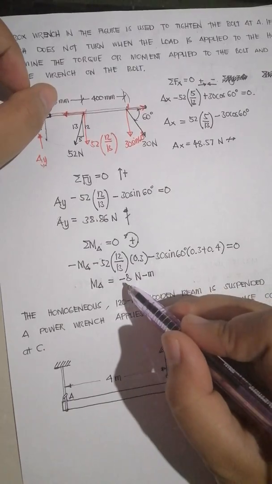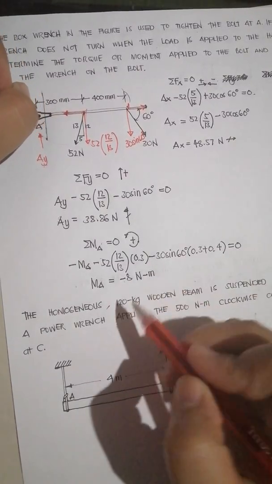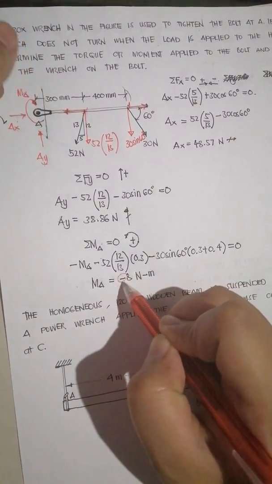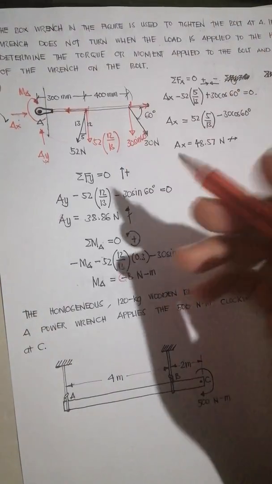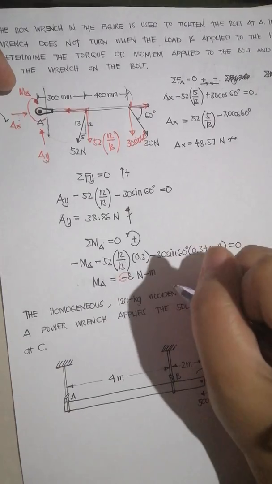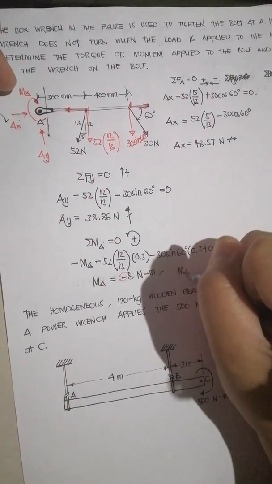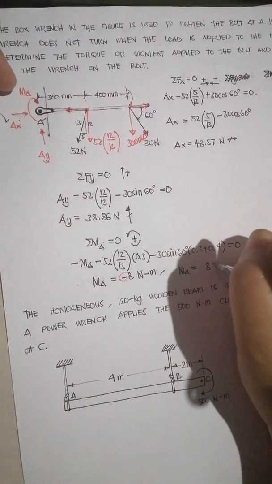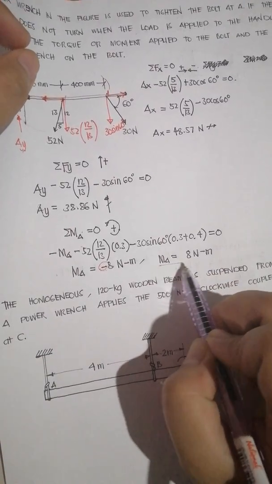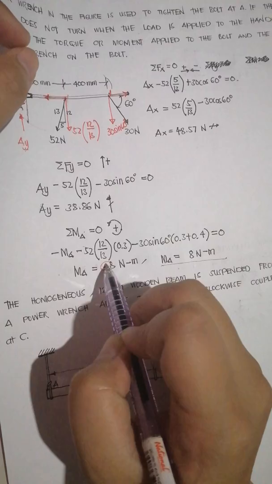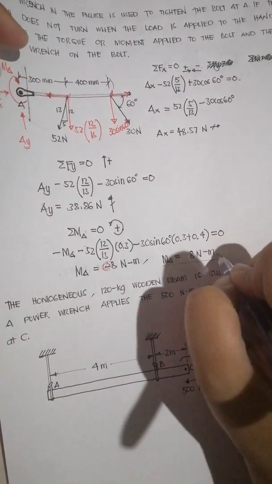Since the result is negative, it only means that our initial assumption for the direction of MA is incorrect. Therefore, the magnitude of MA is still 8 Newton meters. In giving the final value, you get rid of the negative sign and then you provide the correct direction.